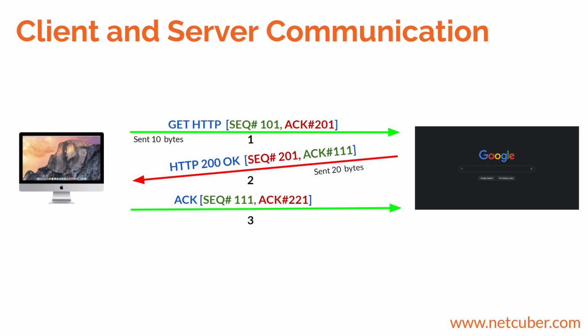Why? Because the latest client sequence number was 101 and the server received 10 bytes of data. So it is updating that and acknowledging it: okay, this is the latest sequence number which I'm expecting from you for the next communication. Along with that, it's sending 20 bytes of data to the client.